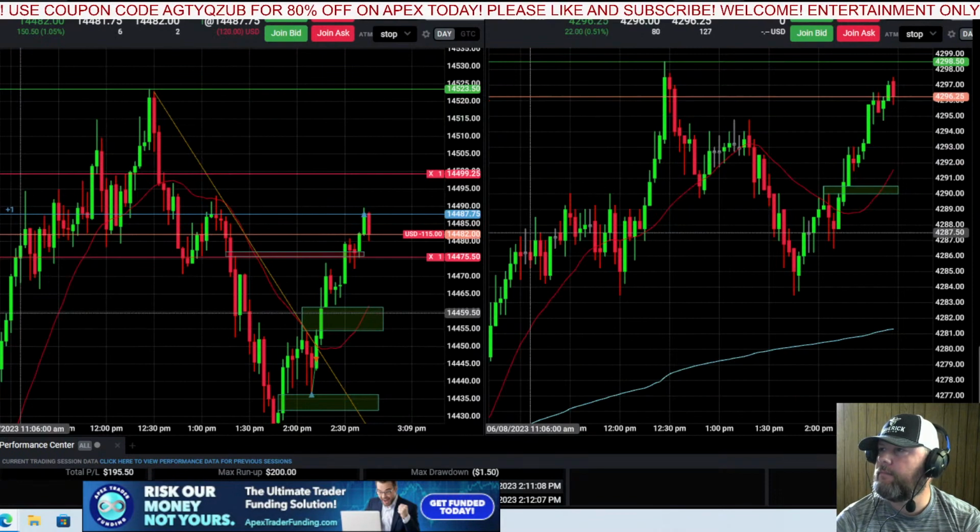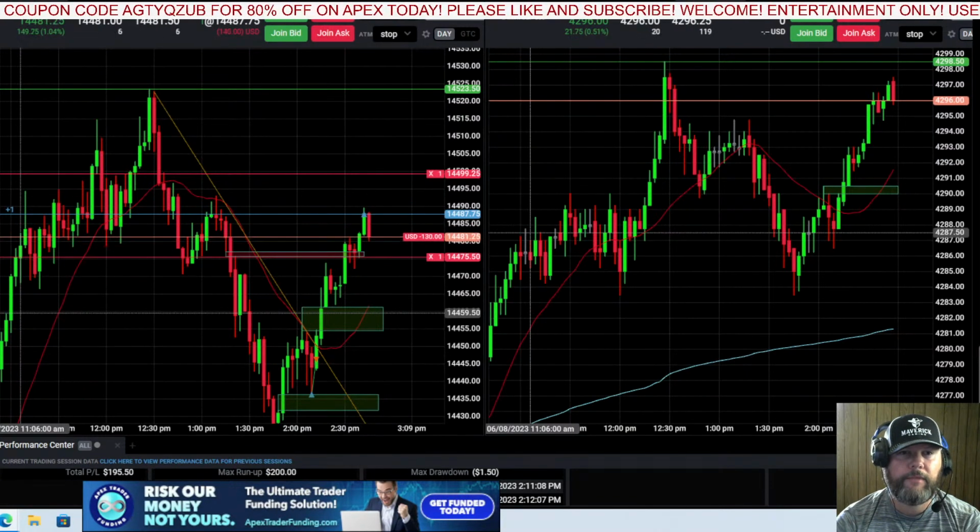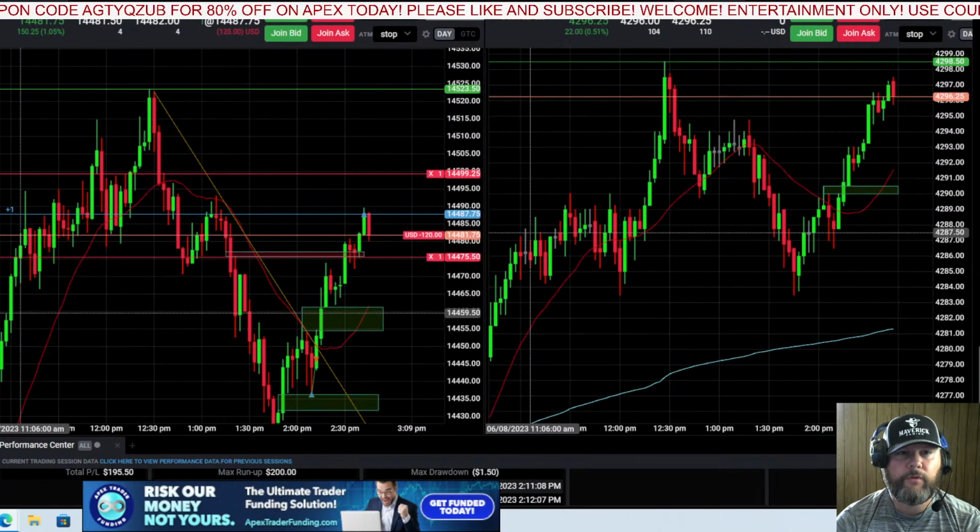Moving my stop below that gap, that bearish gap there, seeing if that can support.